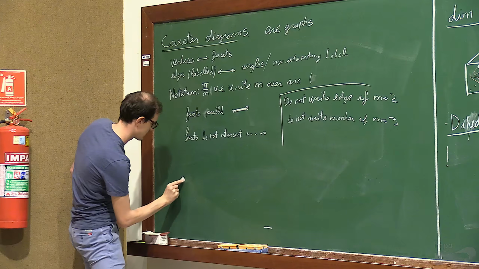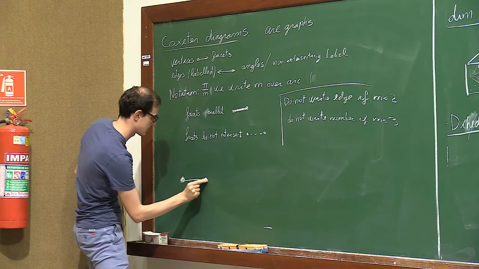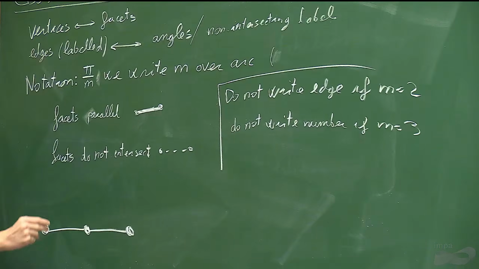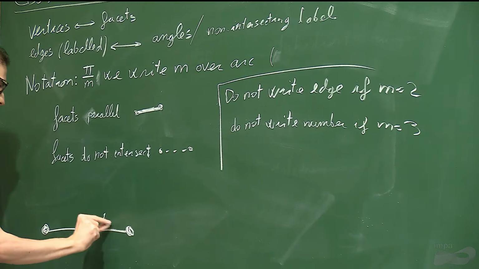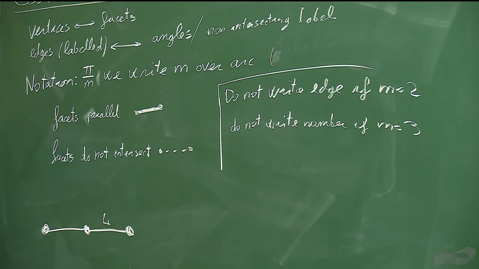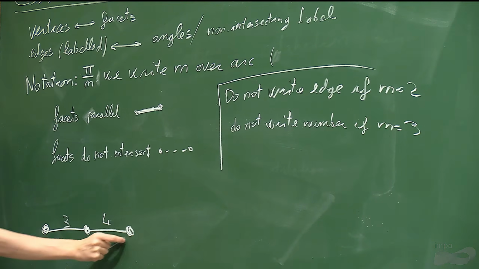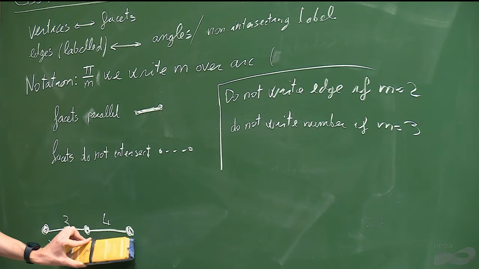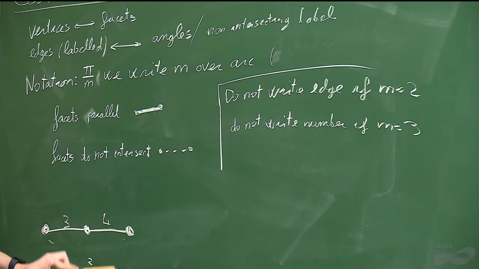So for example, this Coxeter diagram would mean that this is a 3 and this is actually a 2. So this would be a spherical triangle with angles 2, 3, and 4.